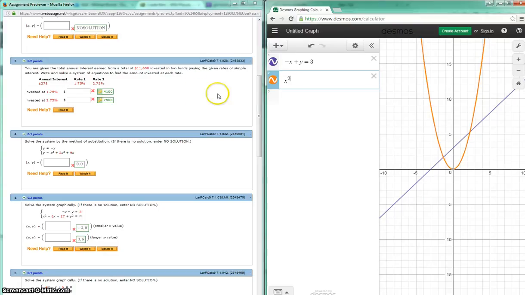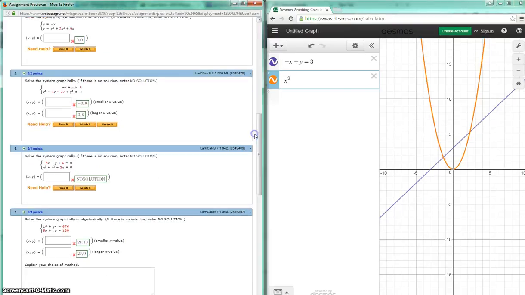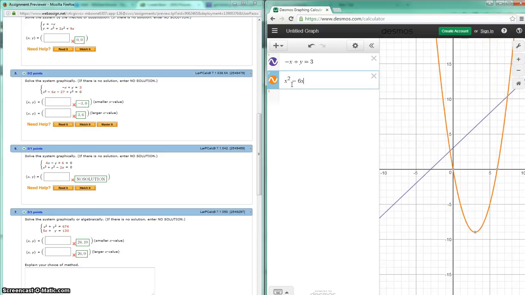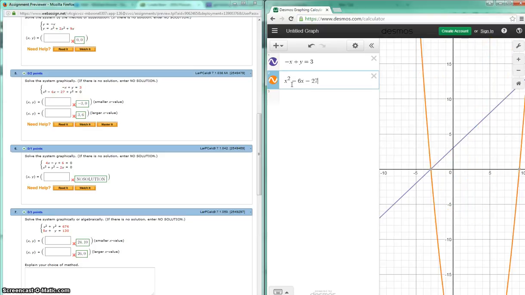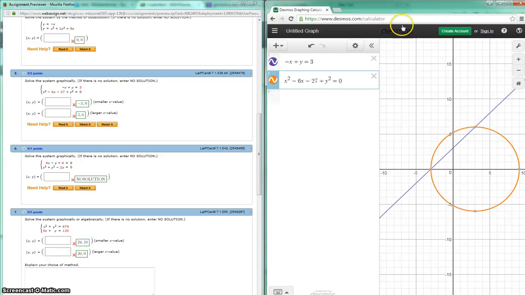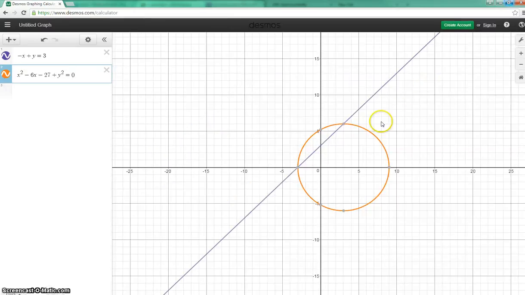So number 5, x squared minus 6x minus 27 plus y squared equals 0, right? And so I get this picture and here's my intersections.